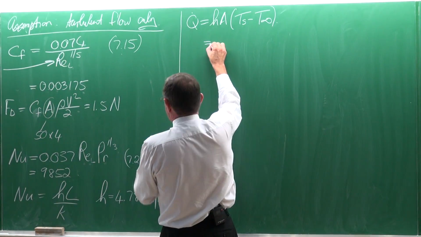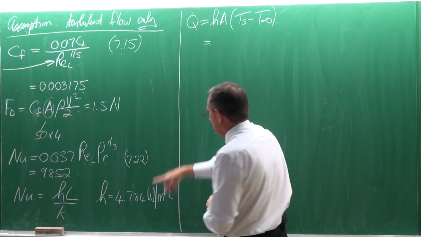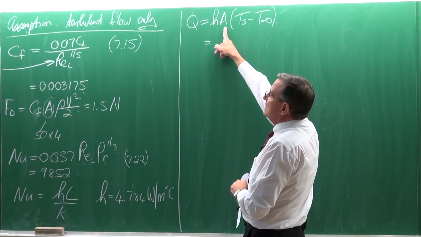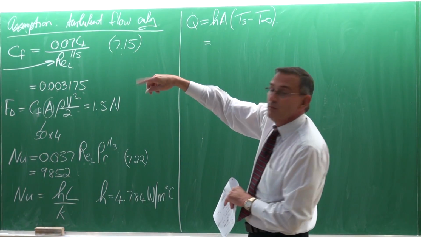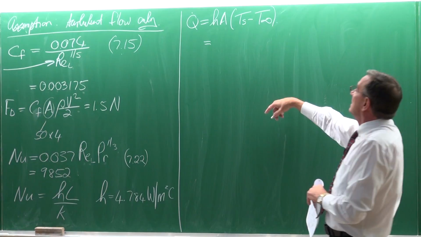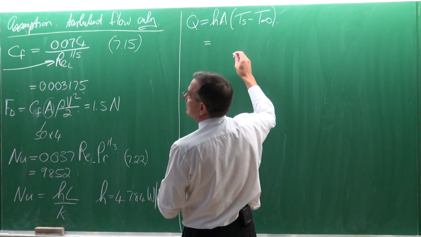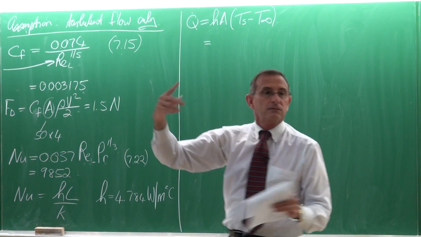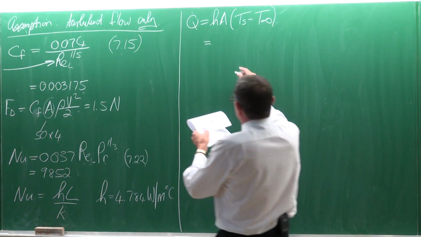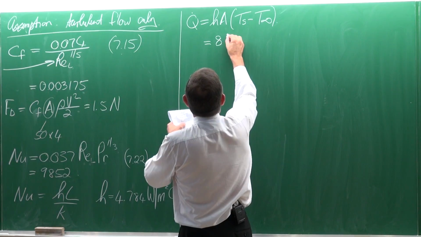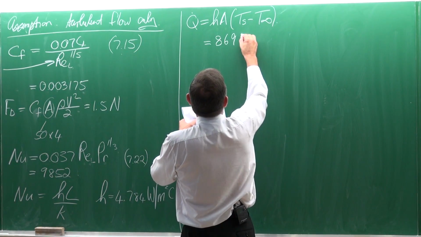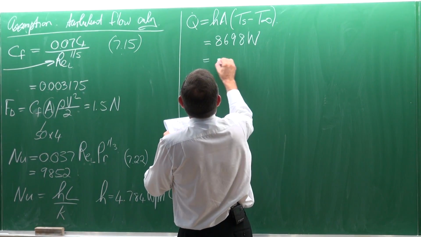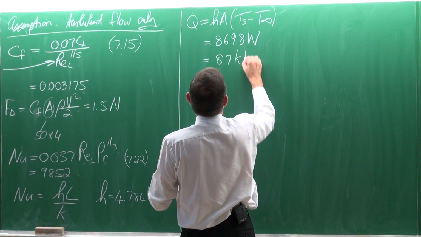The heat transfer rate is equal to 4.784. The area is 50 multiplied by 4. The temperature difference is 12 minus 5, and then we get that the heat transfer rate is equal to 8,698 watts, which is equal to 8.7 kilowatts.